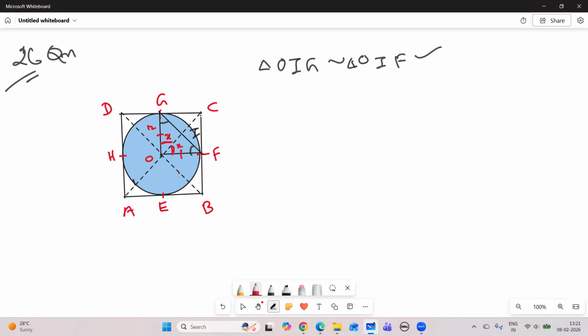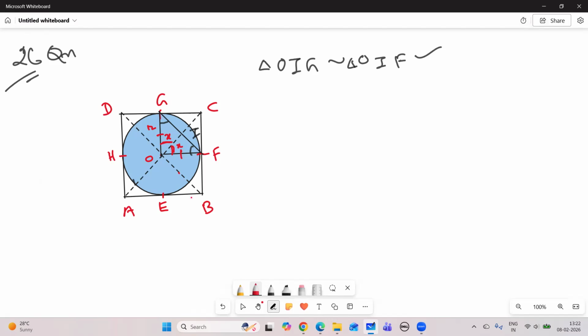COF is the angle made by CO with this radius, which is passing through the point of contact F. Similarly, this GO is making angle x with CO. This is the common side, where the vertex C is joined to O. This radius and the line joining the vertex to the center are making the included angle x.